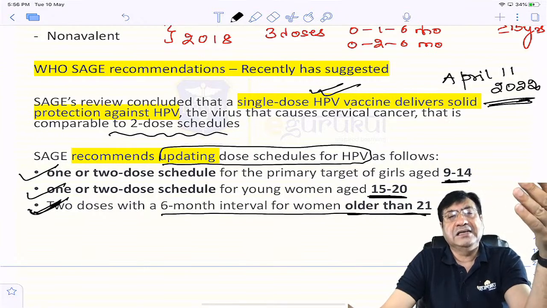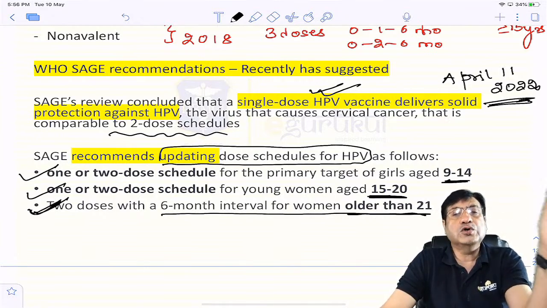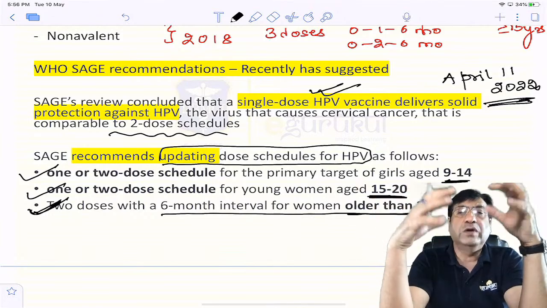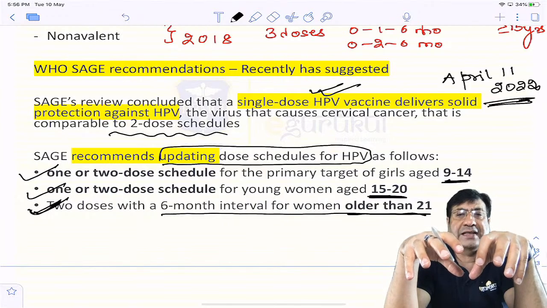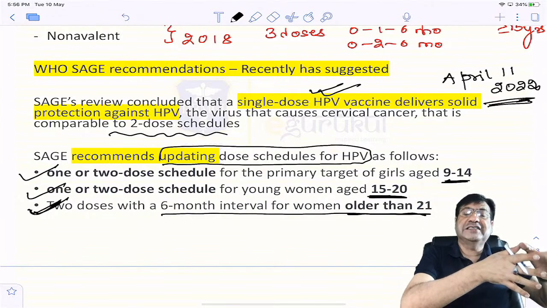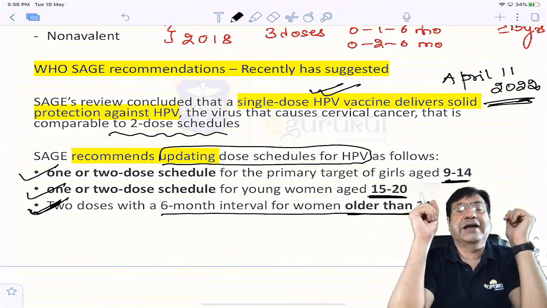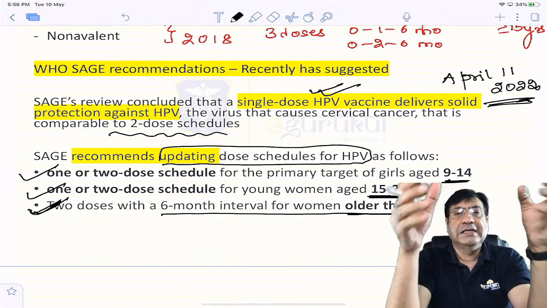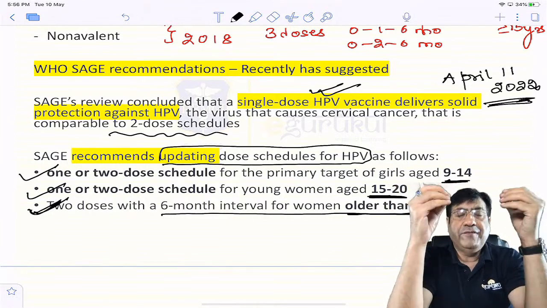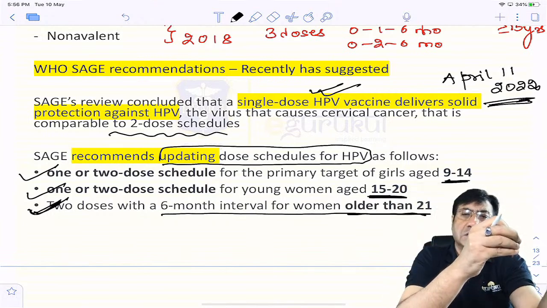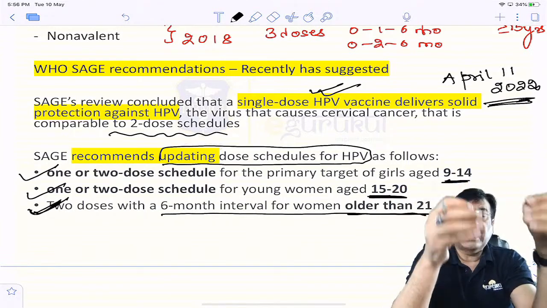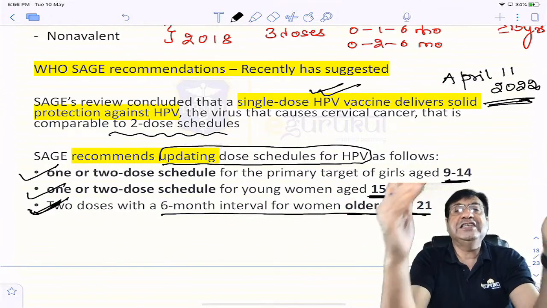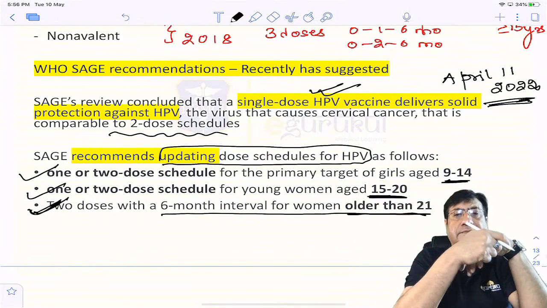And even in that suggestion, the primary point is that a 1-dose or a 2-dose schedule is comparable, which means they want to reduce the utilization of the vaccines and make the available vaccines reach a bigger target recipient population. Rather than using 2 doses, if 1 dose is comparable, then why not use 1 dose, and thereby vaccinate more girls and reach a bigger target population.